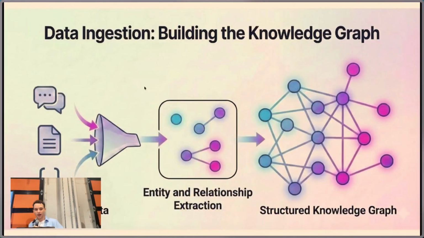Okay. Now, we already talked about a lot of this, actually. This is just zooming in on the ingestion part of Zep. You feed in text data, and there's a series of LLM calls that extract the entities from the piece of text.